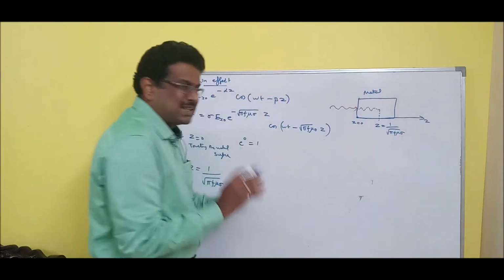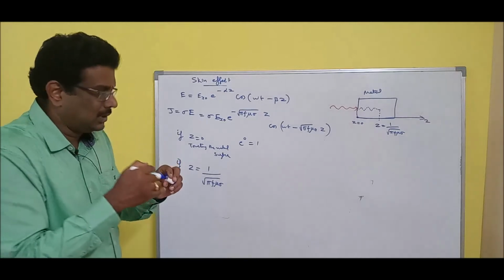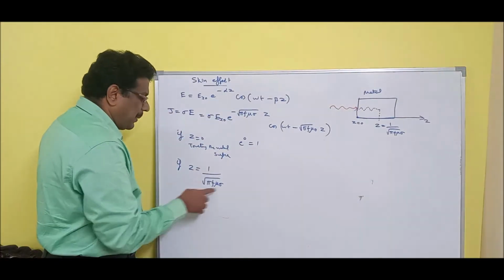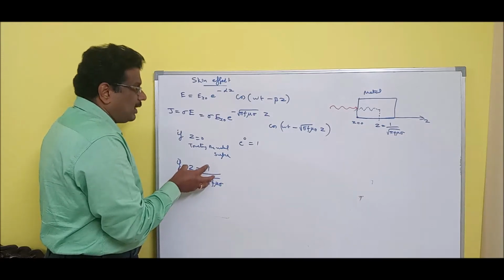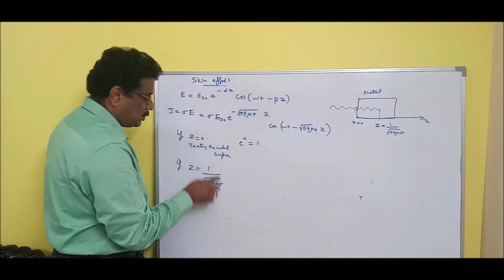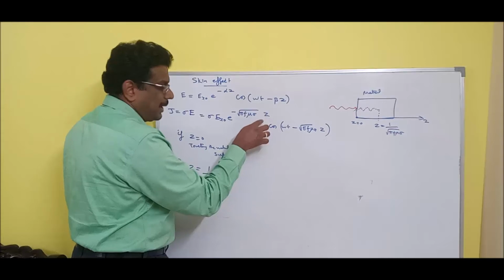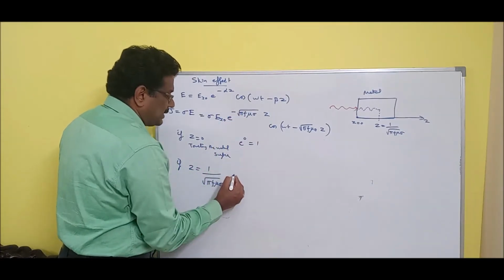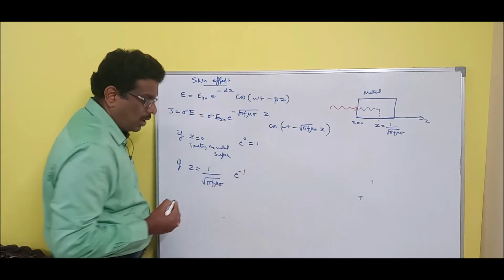What is the distance? Some distance, some depth. If it penetrates this much distance, try to substitute the z value here. What is 1 divided by root of pi f mu sigma? It will get cancelled. So this term and this term will get cancelled. The result will be e power minus 1. Am I right?